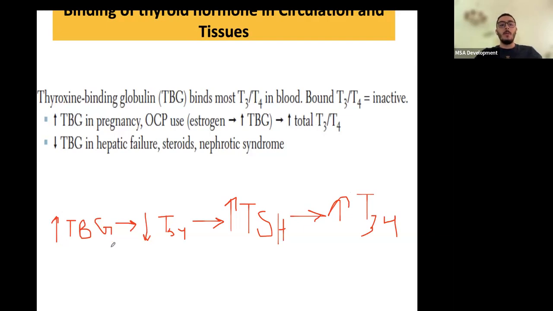More TBG, more bound T3, T4, so less active T3, T4. Forgive me, my handwriting is bad.